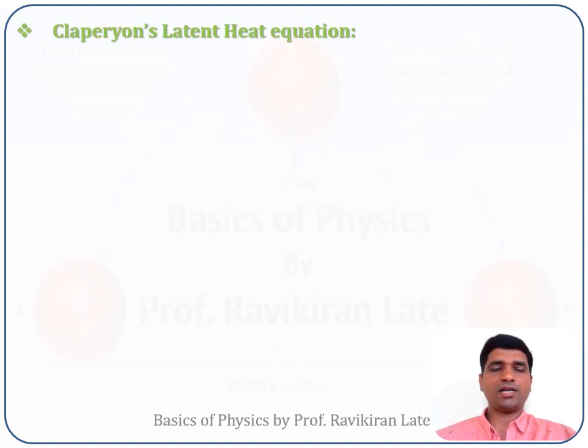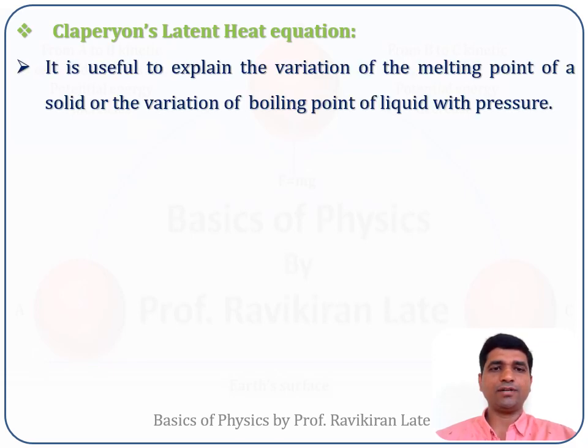So let us start with today's topic, that is Clausius-Clapeyron's latent heat equation. It is the equation which is useful to determine the variation of the melting point of a solid or the boiling point of a liquid with pressure.